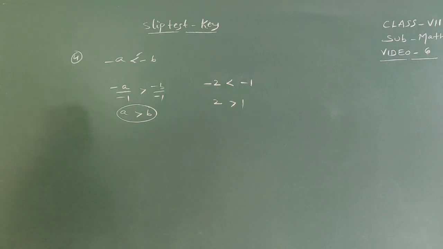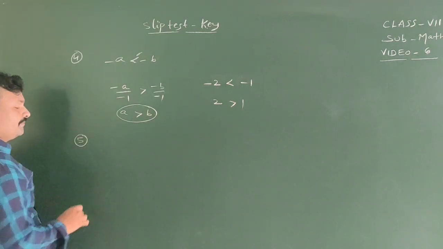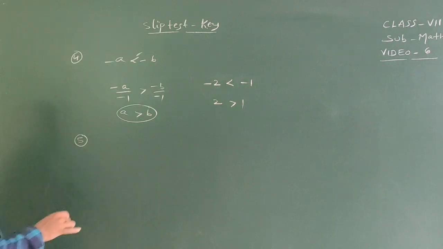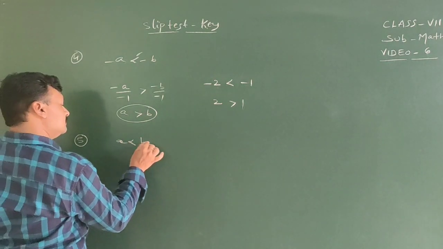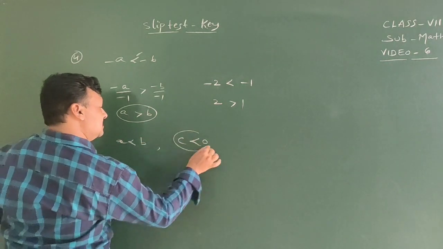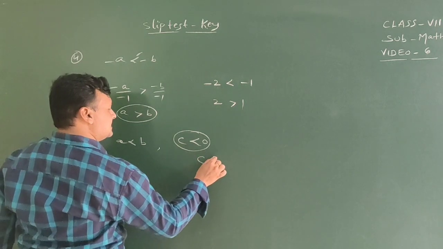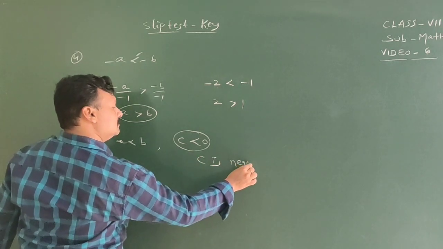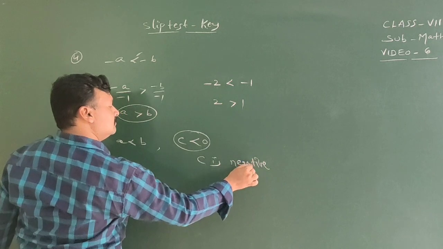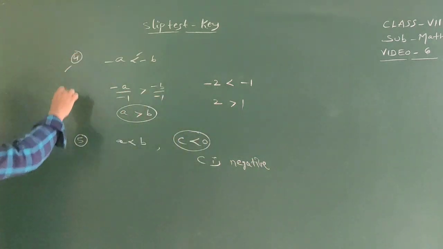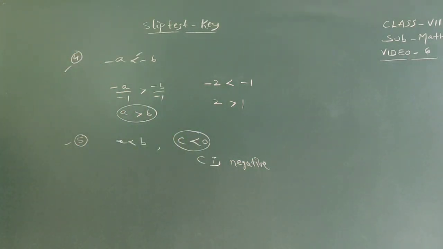Next, fifth one. A less than b, c less than 0, c is negative. Both are same. Fourth and fifth questions are same.